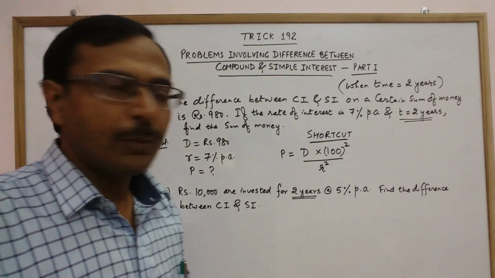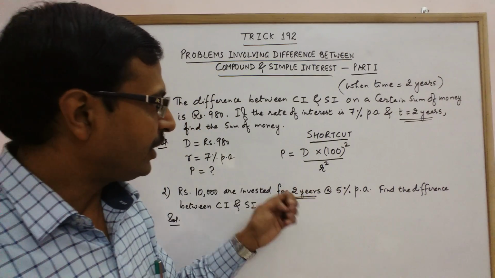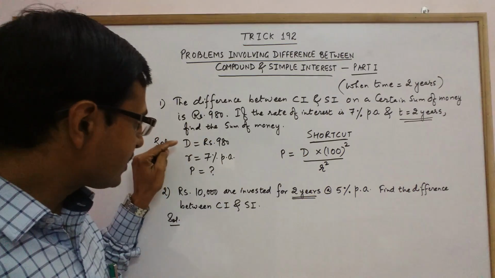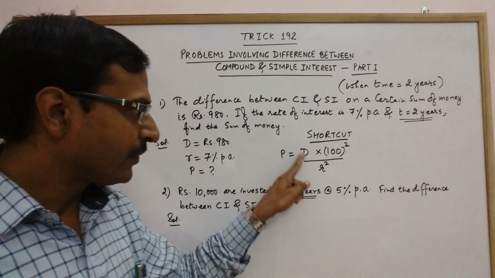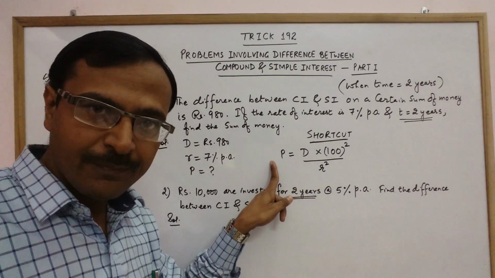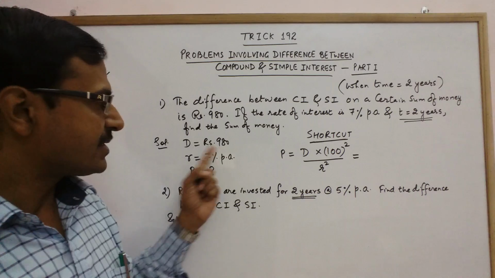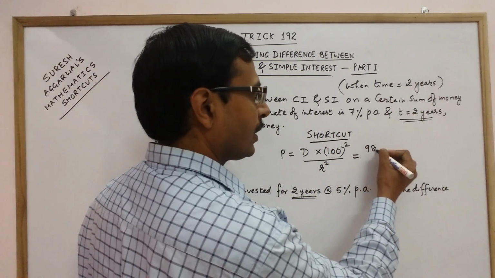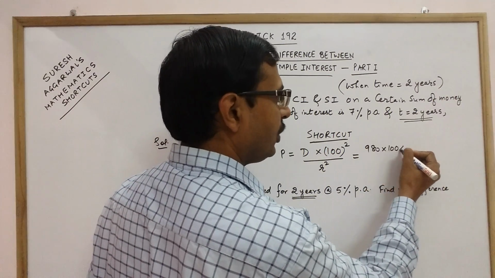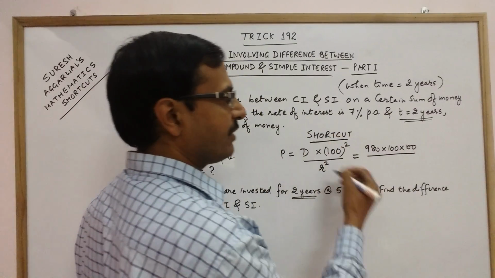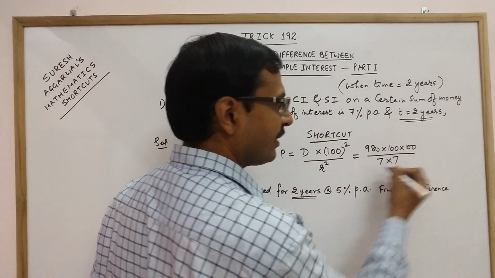Now by applying this formula you can easily find one variable when other two variables are given. In this case we are given D and R and we need to find P. So D difference is 980 into 100 into 100 upon the rate of interest given is 7%, so 7 into 7.